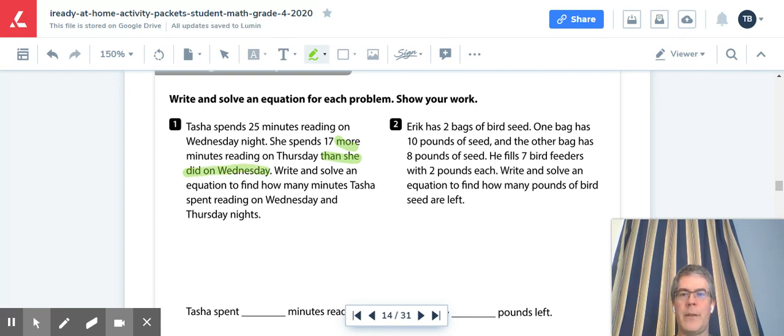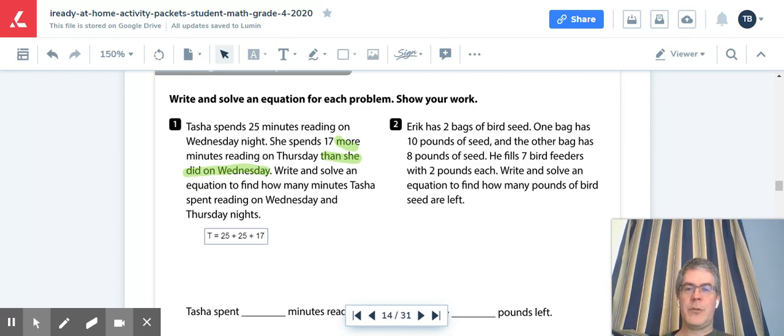So in other words, on Thursday, Tasha spent 25 minutes, the same as she had on Wednesday, and another 17 minutes more than that. If we were to write an equation, one way of doing that would be if I use T to represent my time spent, that's going to equal 25, the time she spent on Wednesday, plus another 25 that she was reading on Thursday, plus the additional 17 that she read on Thursday than she did Wednesday.